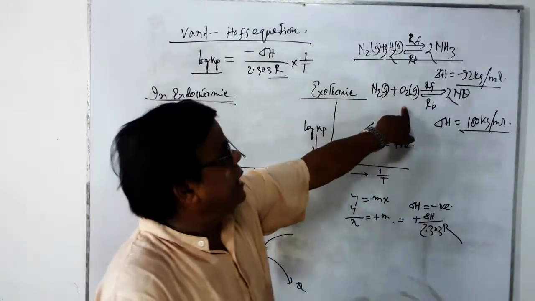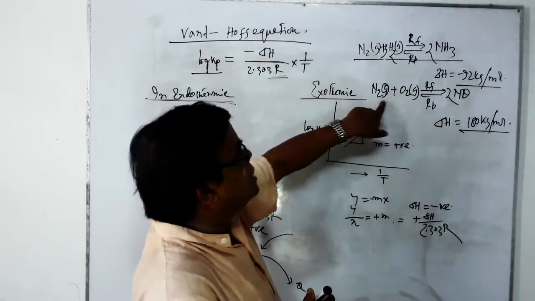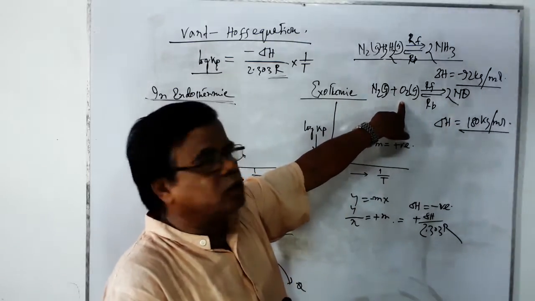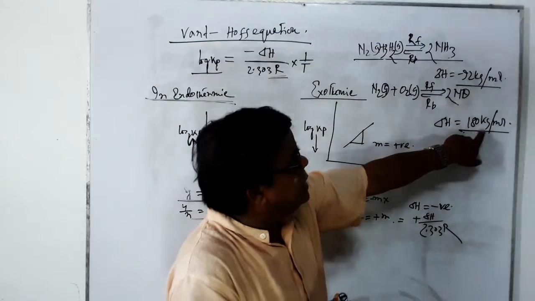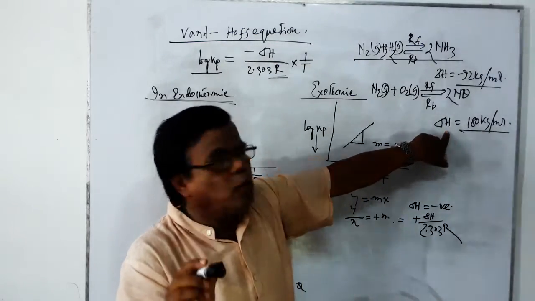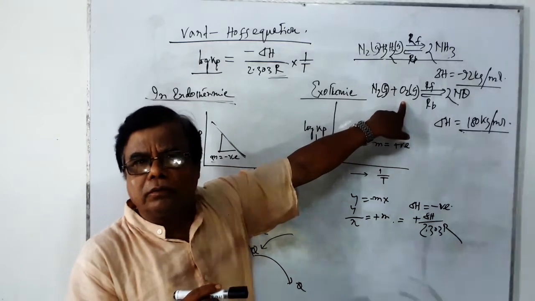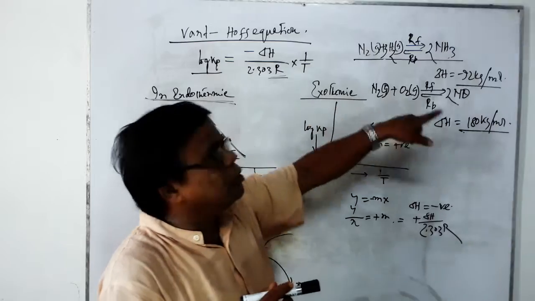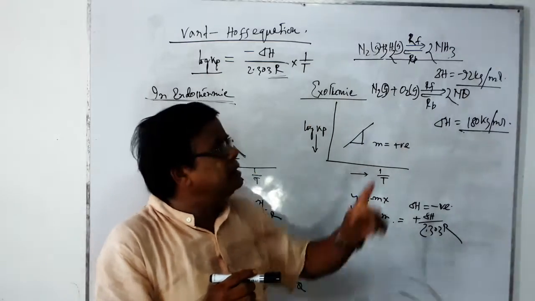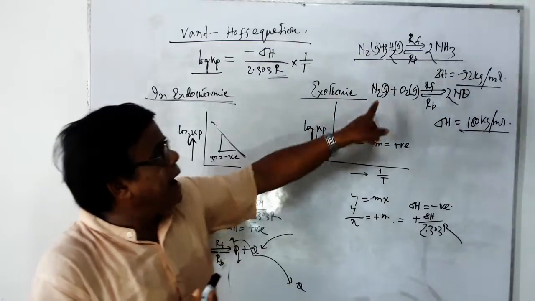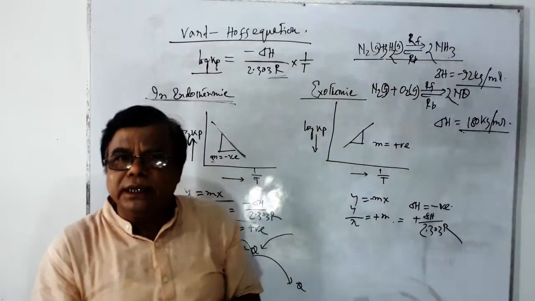In the case of an endothermic reaction, when nitrogen and oxygen react to form nitric oxide, this is an endothermic reaction. Here 180 kilojoule per mole of heat is required for this reaction to happen. If the temperature is increased, the reaction goes forward, that is, the amount of nitric oxide increases, and at the same time nitrogen and oxygen decrease.